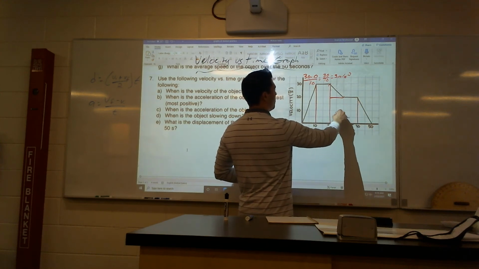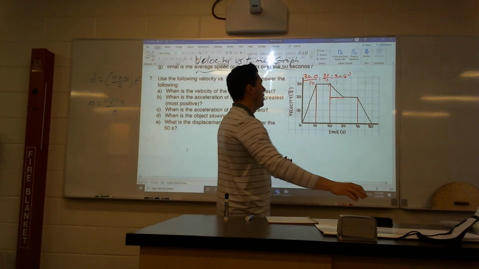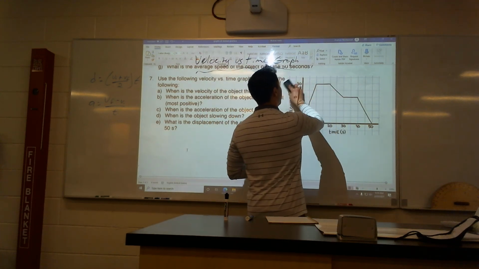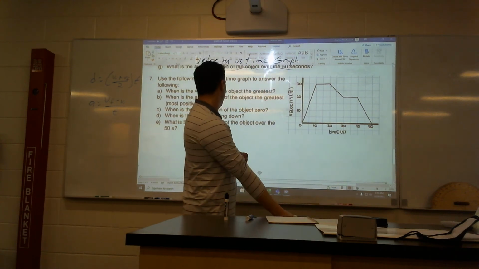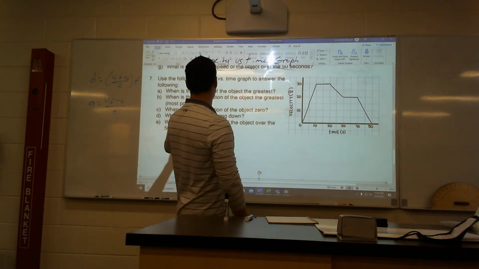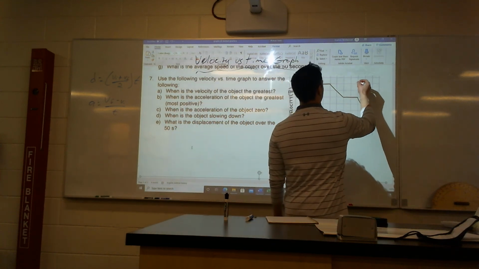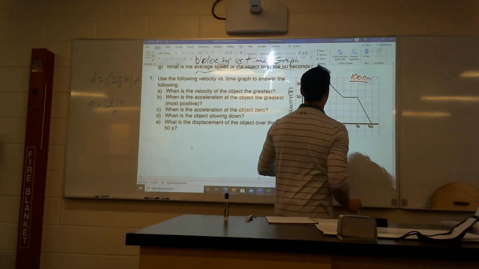So there are your three or four shapes, and you could do the area under the graph, or you could do the actual formula way. I'm going to give you the final answer basically. In the end, I think you should have 1,000 meters. When you put it all together, you should have 1,000 meters.